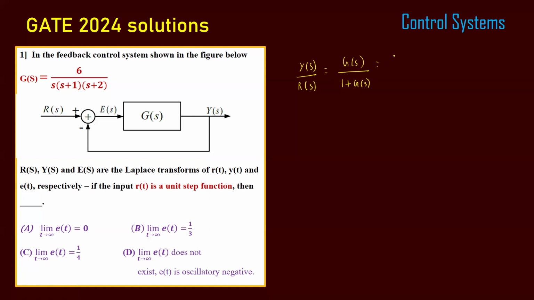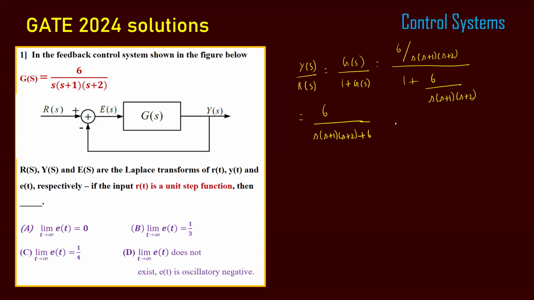Now substituting the given G of S, 6 by S into S plus 1 into S plus 2, divided by 1 plus 6 by S into S plus 1 into S plus 2. After simplifying, this becomes 6 by S into S plus 1 into S plus 2, plus 6. So this is the transfer function we have found from the given block diagram.